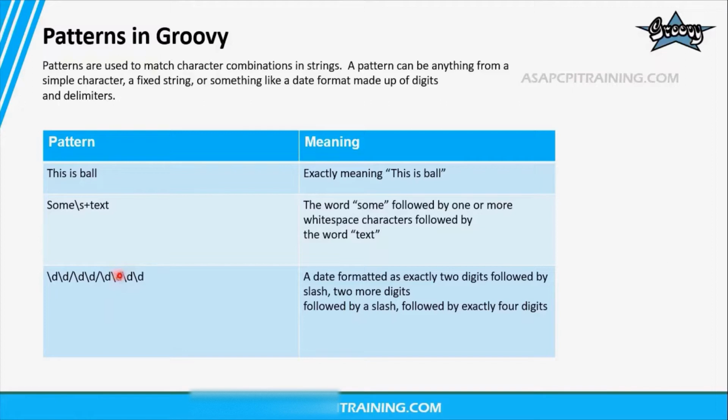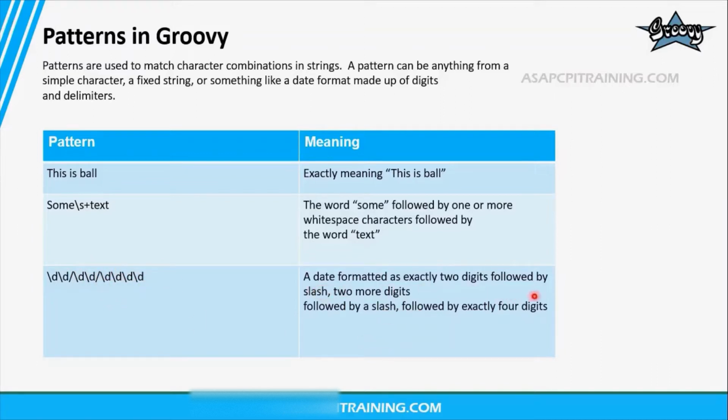Then in this expression you can see a date formatted as exactly 2 digits, then followed by 2 more digits, then 4 digits. This d defines the digits.